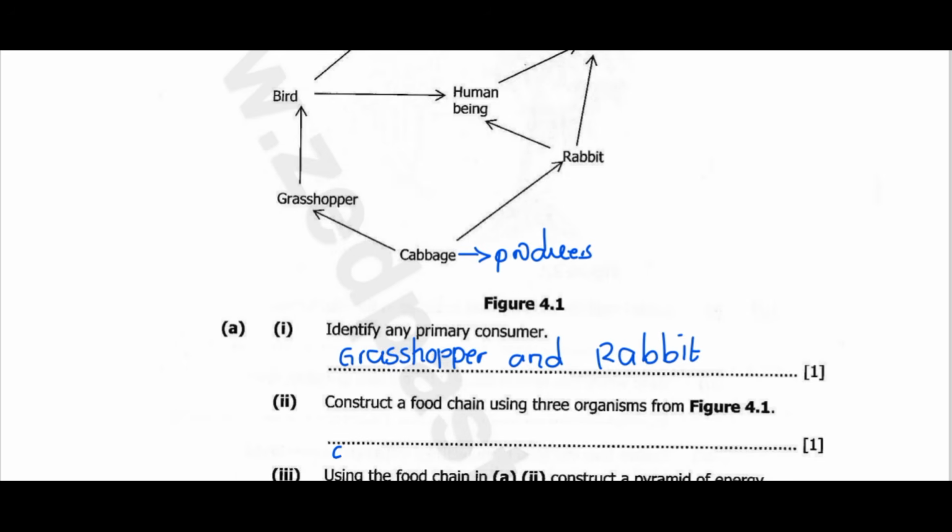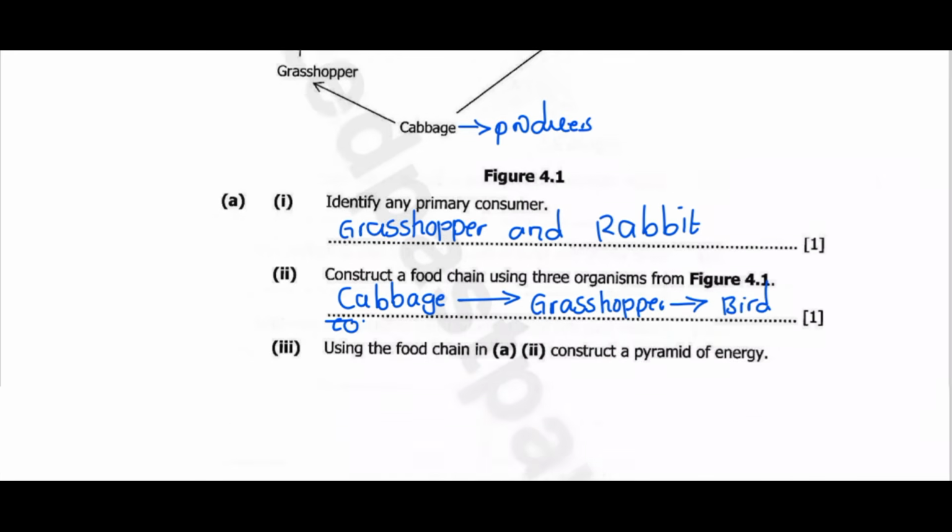So the producer is cabbage. Then since we can use any of the 3, followed by, let's say, okay, let's just get grasshopper. Then we have the bird.